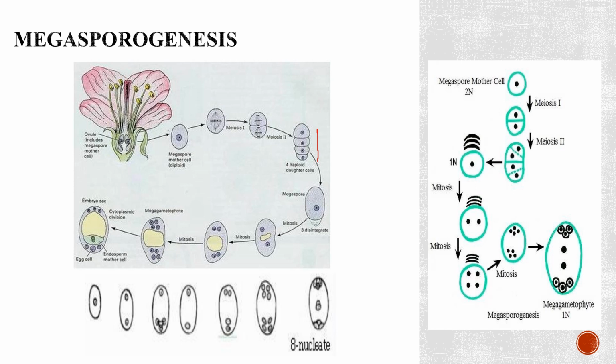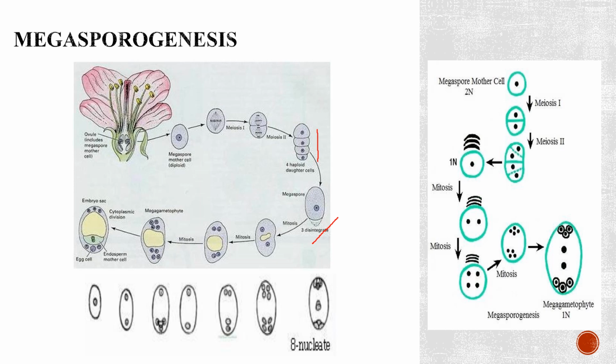The functional megaspore further continues to develop and undergoes mitosis to form a mature embryo sac. This embryo sac or female gametophyte develops from a single megaspore and is therefore called monosporic. The functional megaspore grows in size and undergoes three free nuclear mitotic divisions.